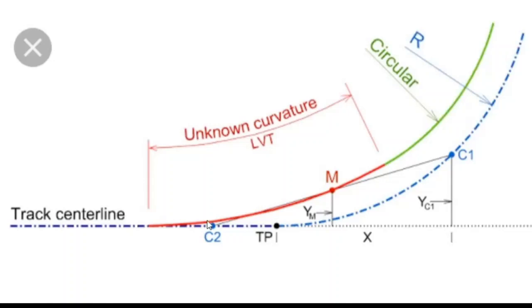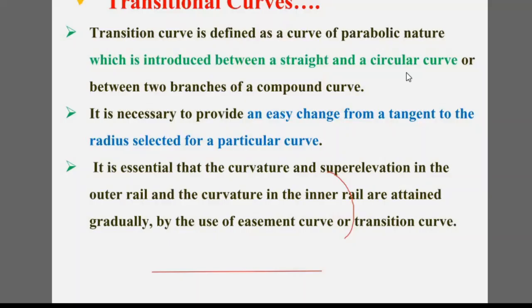So this is the transition curve. The radius of curvature will gradually increase and super elevation will also gradually increase. Okay.